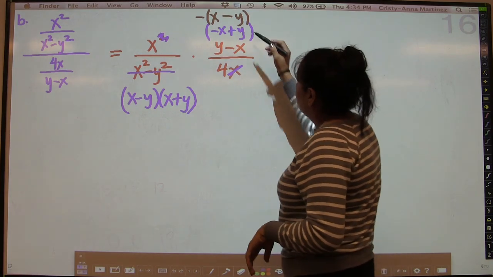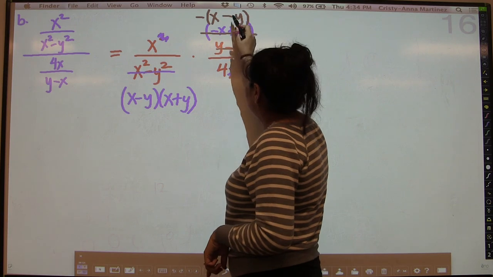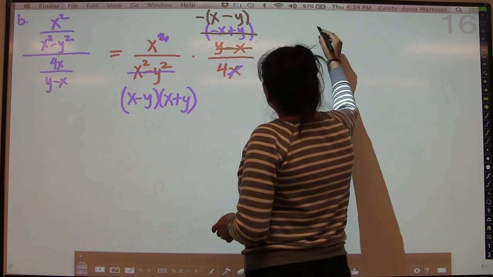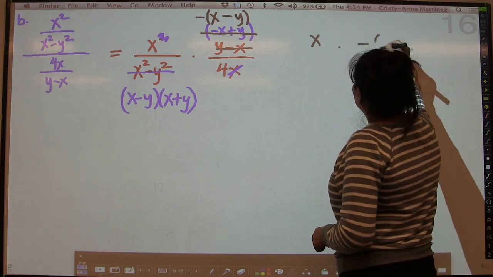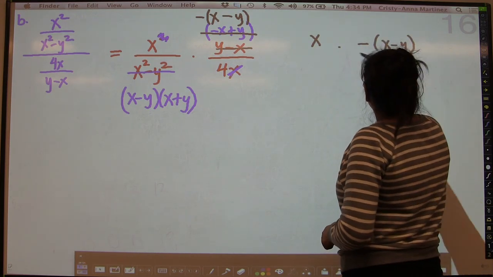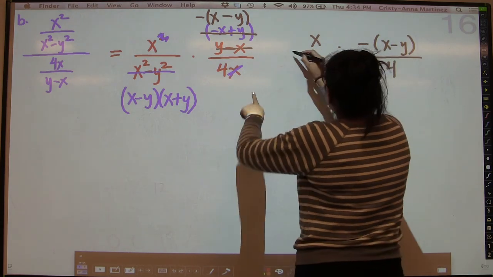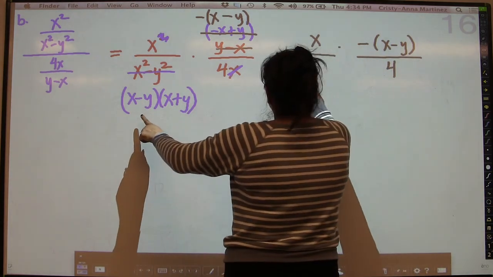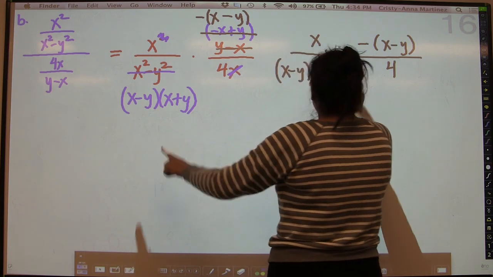So now the x minus y from here is now gone, it was replaced by this, and this is replaced by that. So now what I'm looking at is x times negative x minus y over here, and then I still have a 4 on the bottom, and over here I have x minus y times x plus y. I just want to rewrite it so that it looks a little bit cleaner for you.